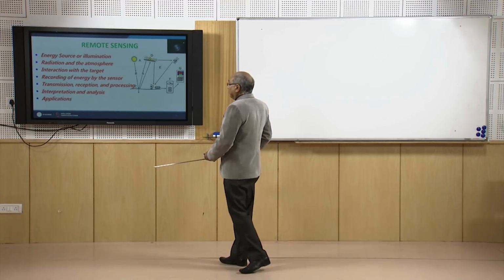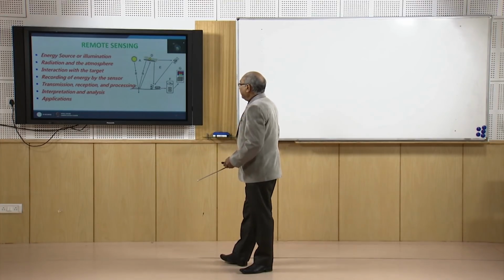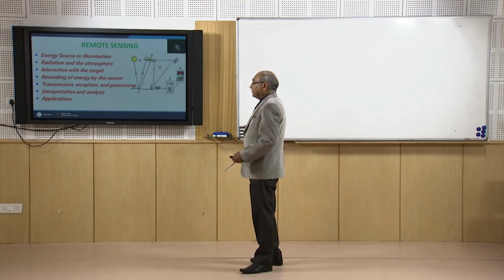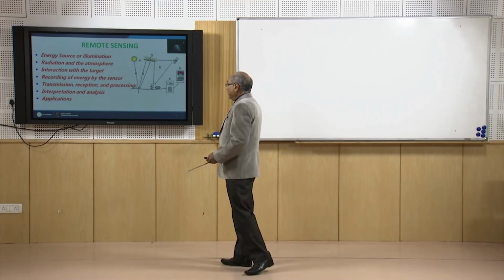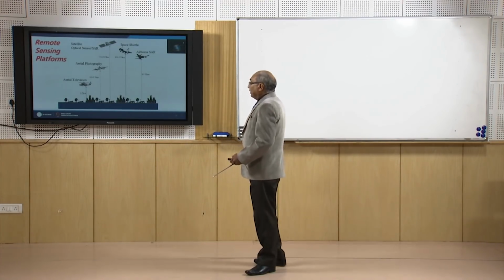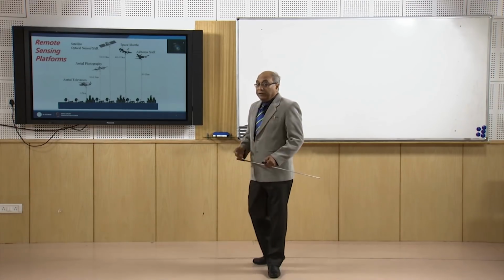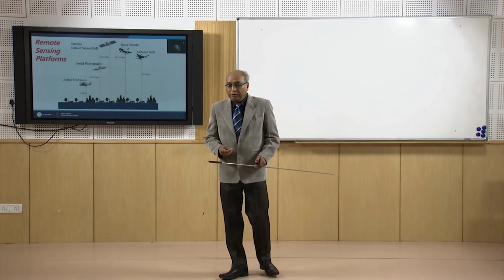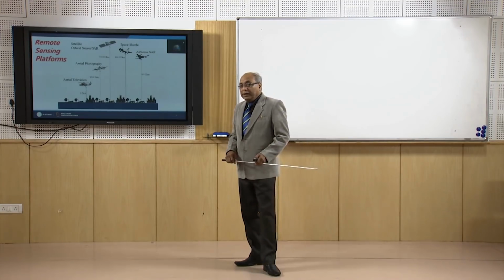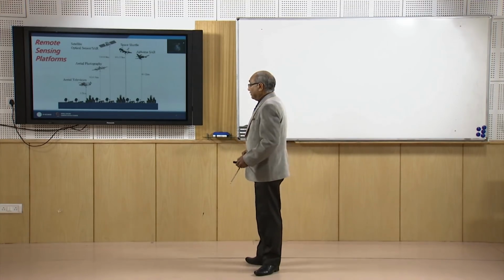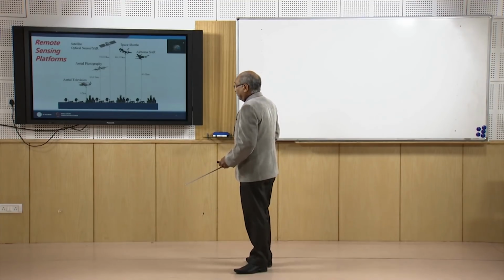And of course, new applications are being developed very regularly, almost every day. Present day remote sensing did not start within one day. It took many years, and we will see the history as well.